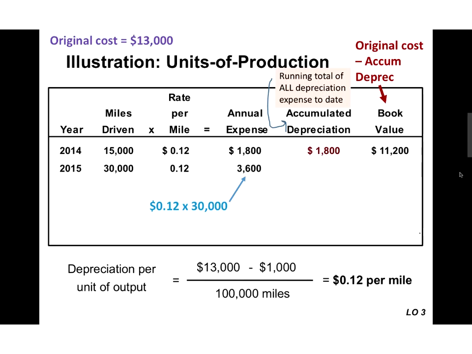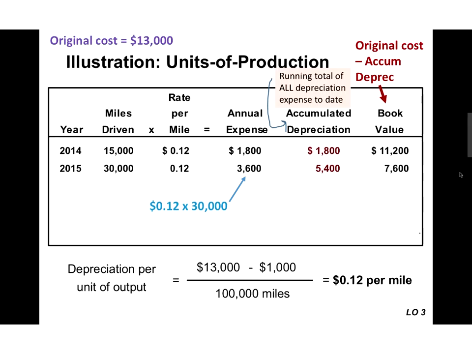Now our accumulated depreciation is going to be the last year's accumulated depreciation of $1,800 plus $3,600, so it's going to be $5,400. So we're taking last year's ending balance of accumulated depreciation, adding this year's depreciation, and our ending book value will be the original cost of $13,000 less our accumulated depreciation of $5,400. Okay, so we're going to keep doing that.